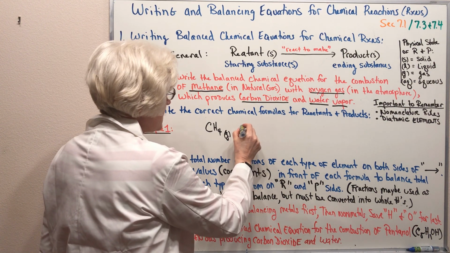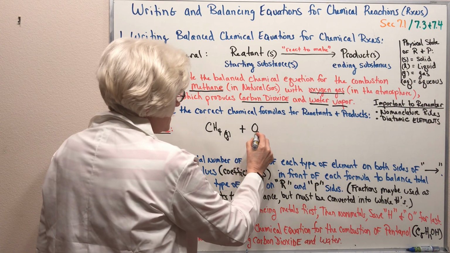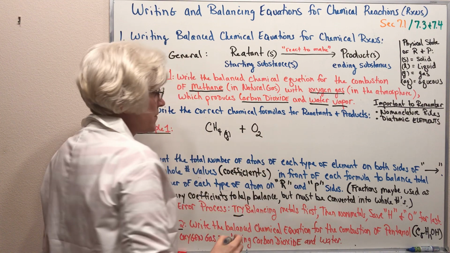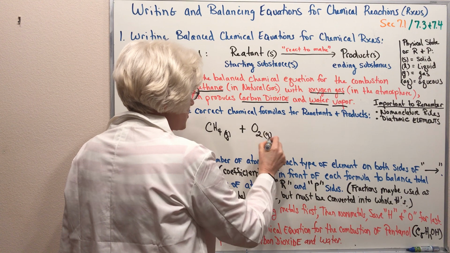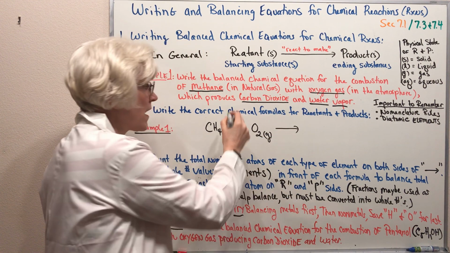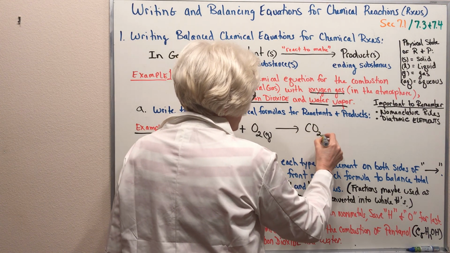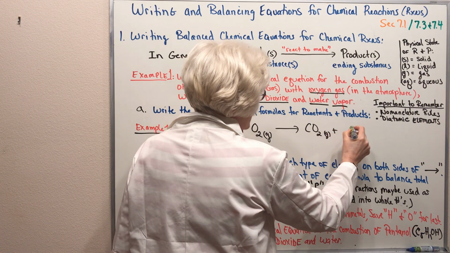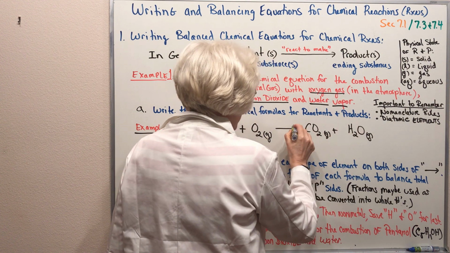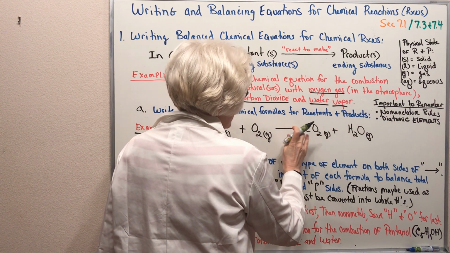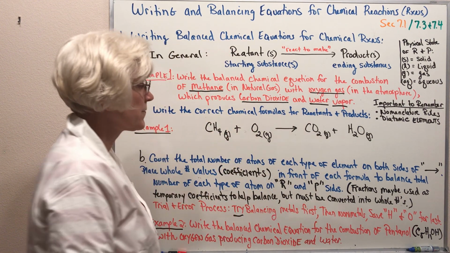We are reacting it with oxygen in the atmosphere, and oxygen is one of those diatomic elements, so I'm going to put O2 there indicating diatomic oxygen molecules, also a gas. Our products are carbon dioxide, a molecular substance, CO2 gas, plus water as a vapor, meaning water itself is in the gaseous state. Moving this plus sign over, giving me a little more room here.